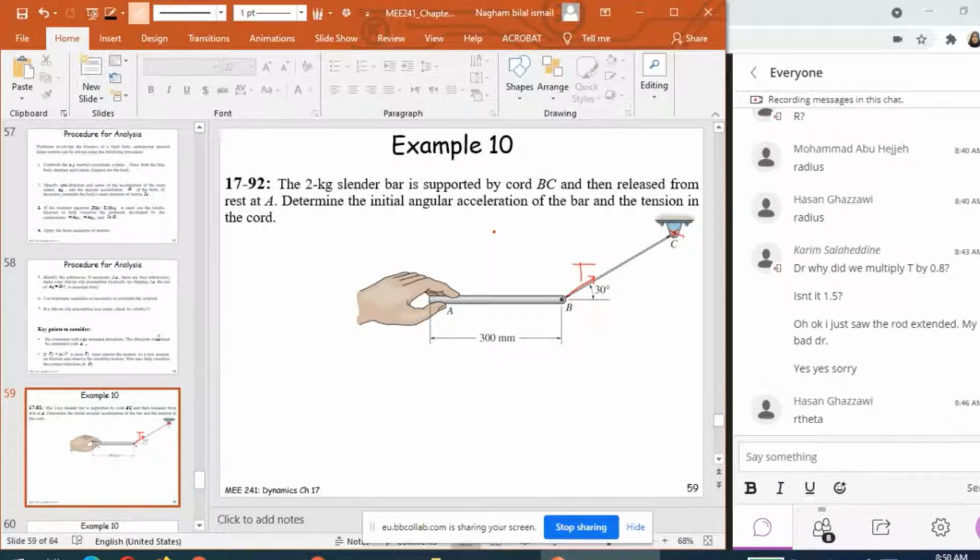And I don't know here where is the center of rotation of AB. So I need to find it, guys. I don't need to find IC. I mean, I need to find the equations governing the general plane motion. Now, what are these equations?